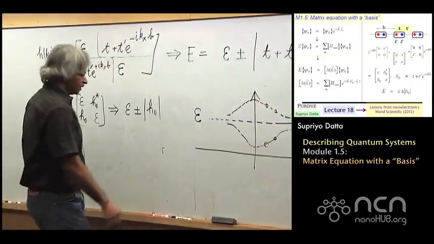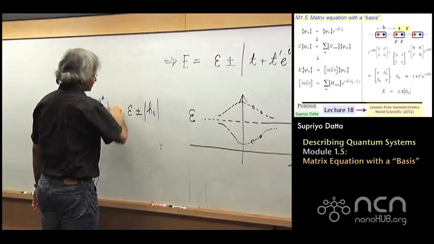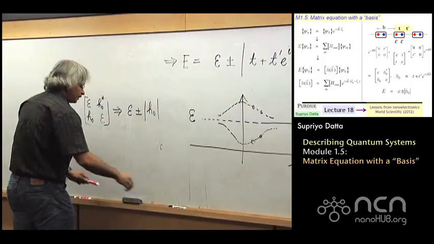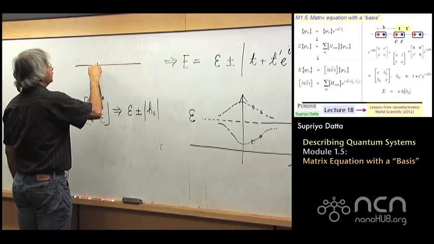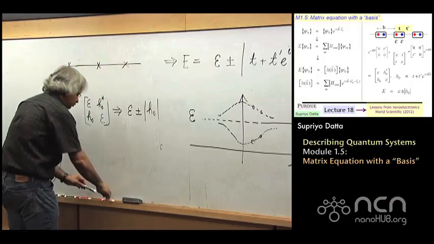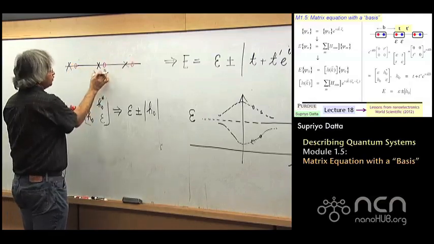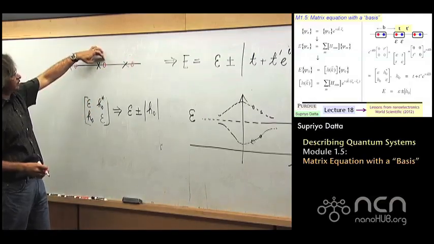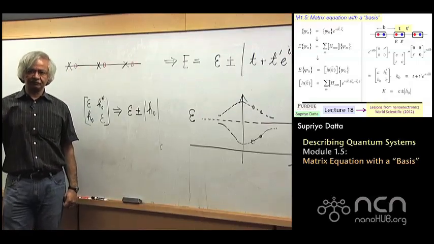Why? Because, you see, what we did here, I took off this picture, so let me just draw it again. What we did here was I considered a wire with two atoms to a unit cell. So the unit cell kind of had these two things to it. And in general, you see, it may not be two, it could be a whole lot more. It could be 20 of them, for example.